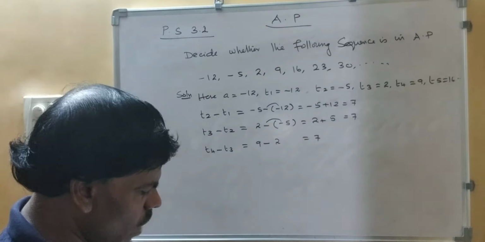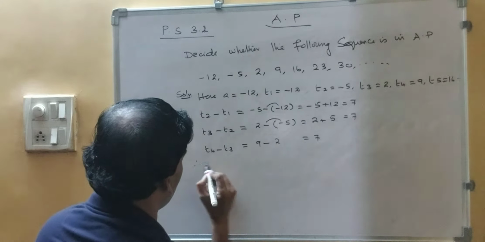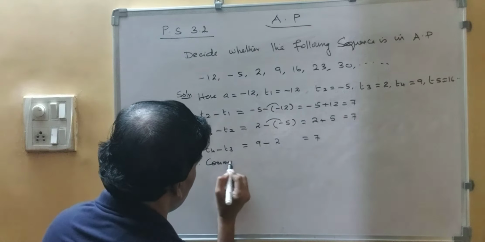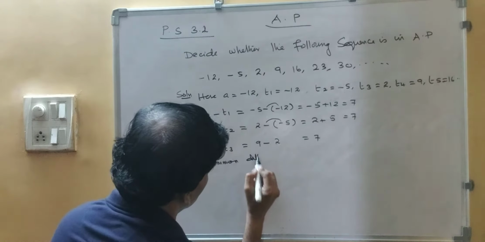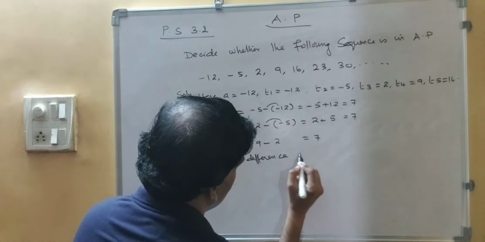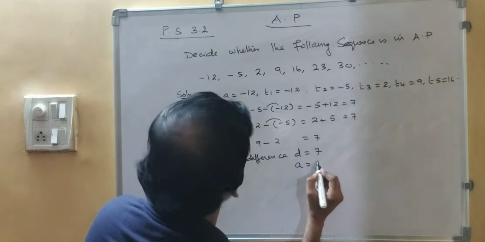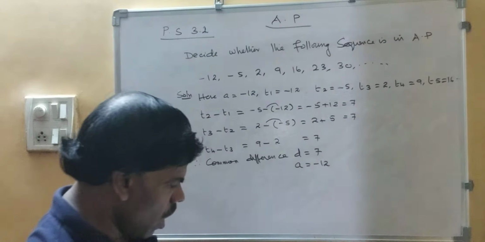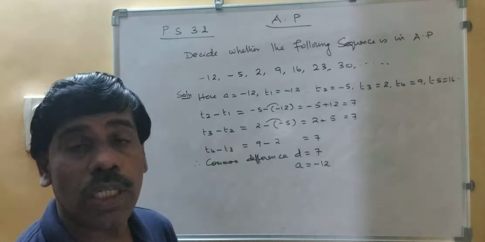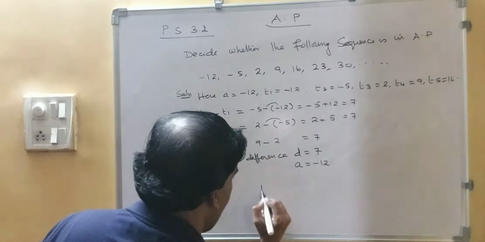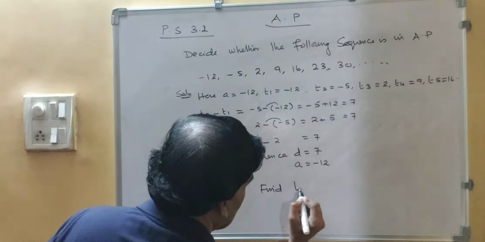Now see here, what is the common difference? Therefore, common difference D equal to 7. What is the first term? Minus 12. Now what you have to find out? Find the 20th term. That means find T20.